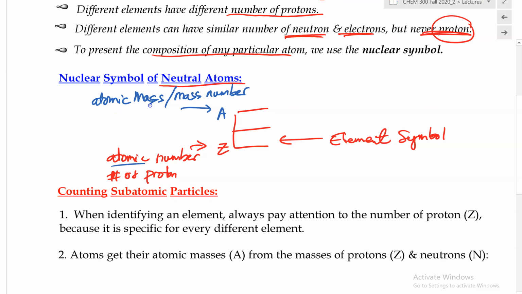The atomic mass, or the mass number, is distinctly different than the atomic number. The atomic mass is basically the sum of the number of protons plus the number of neutrons added together, and that goes into the upper left corner of the element symbol.